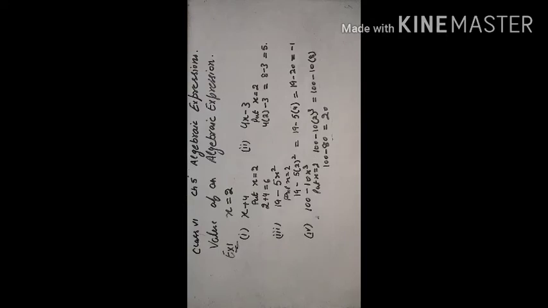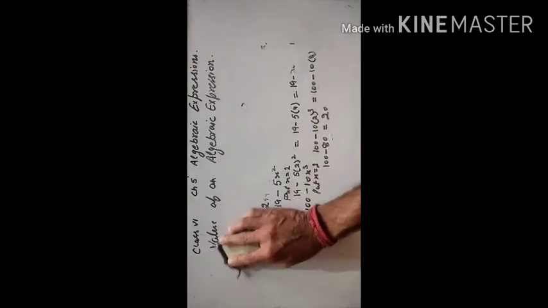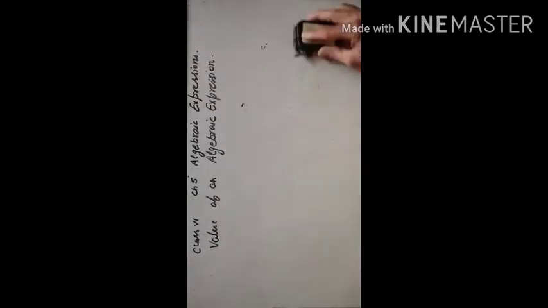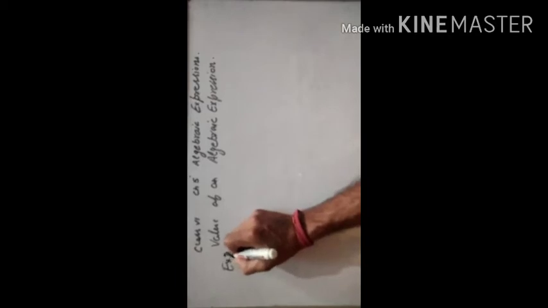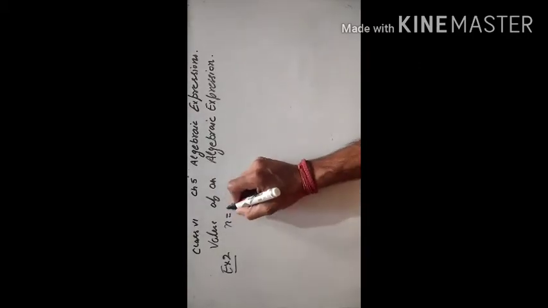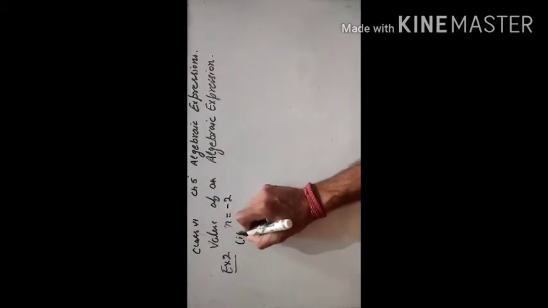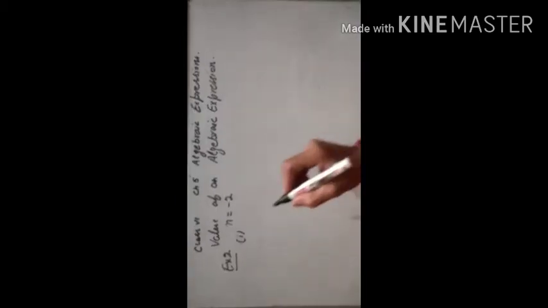Now example number 2. Find the value of the following expressions for n is equal to minus 2. Here n is equal to minus 2. First part is 5n minus 2.